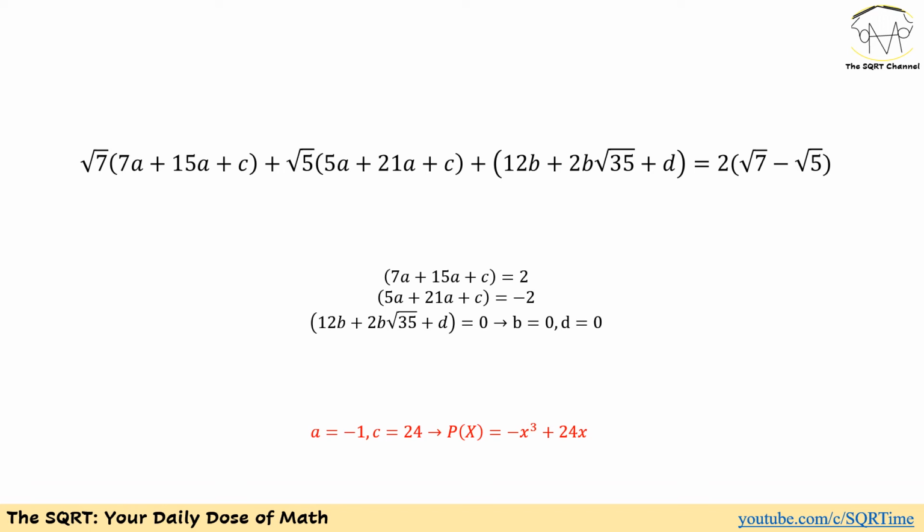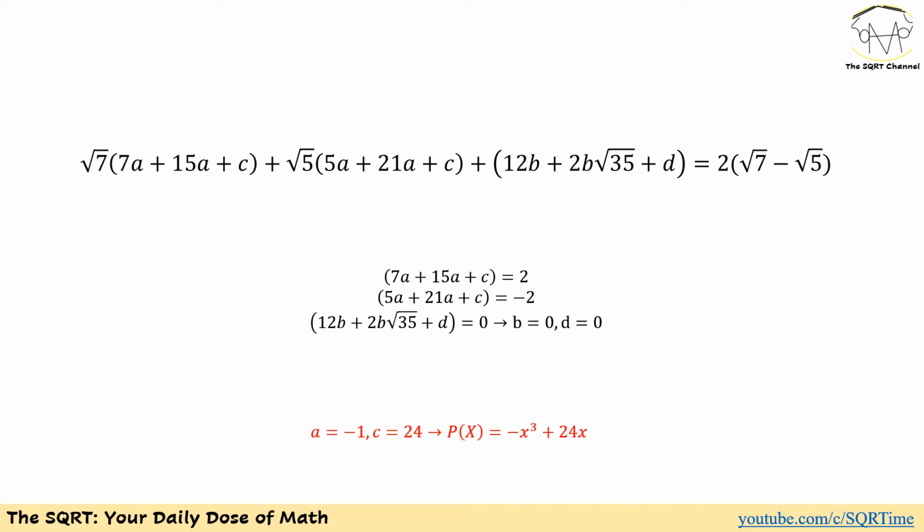If we do this, then we need to have 2 for the coefficient that we multiply by square root of 7. So 7a plus 15a plus c needs to be 2, and then 5a plus 21a plus c needs to be negative 2. If you try to solve these two equations that we have, which only have a and c, we will end up with a equal to negative 1 and c equal to 24.